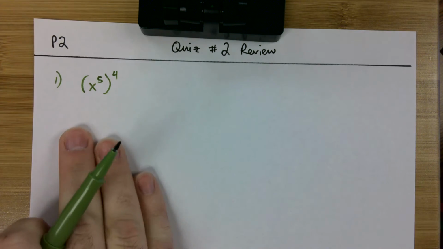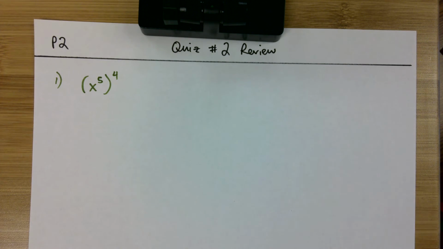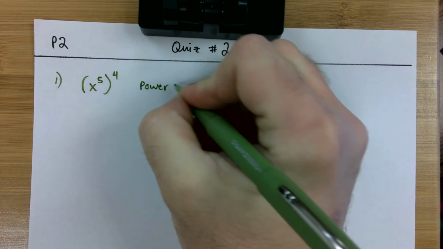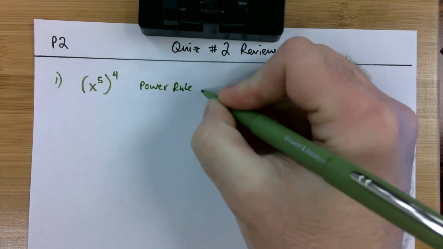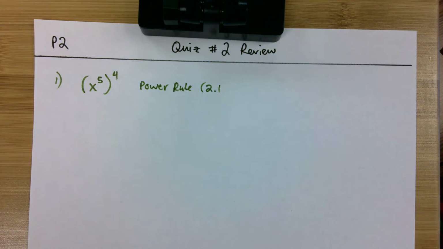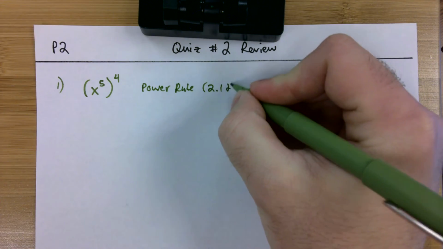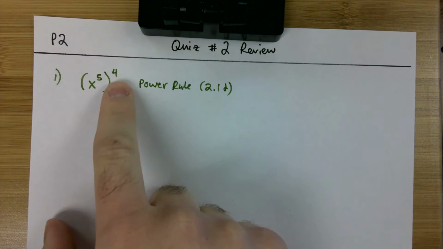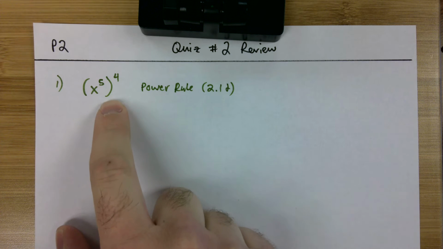So everyone's looking at this problem now. X to the 5th raised to the 4th. We're going to use the power rule here. Power rule, which was 2.1D. In the power rule, all it states is that we're going to take this exponent on the outside of our parentheses.